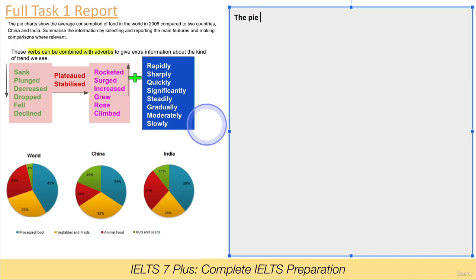We don't need to paraphrase every single word, that's okay.